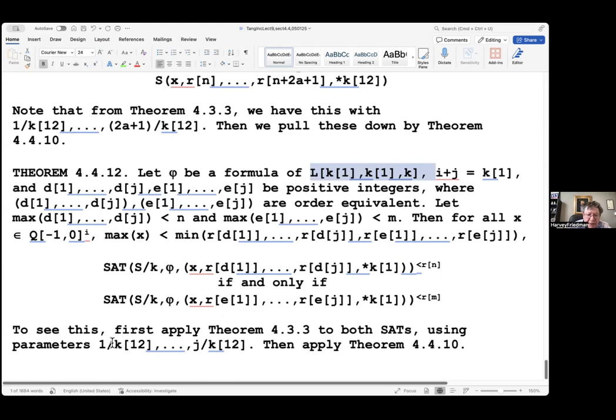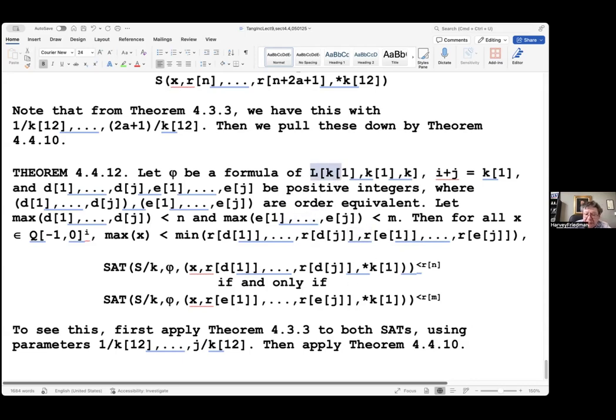And so we wind up again applying the indiscernibility theorem we did with 4.4.10. In other words, we're combining the new indiscernibility with the old representation for this language.